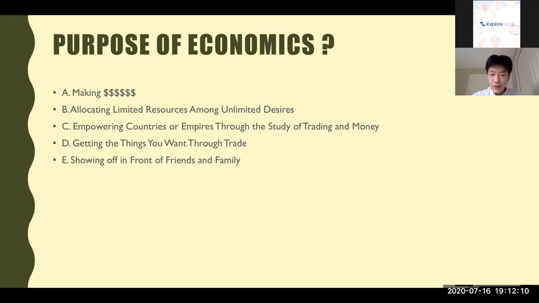Trade is one part of it, and yeah, it is a very major part of the study, but then there's a lot more than trade in economics. And the actually correct or the most precise answer is B, allocating limited resources among unlimited desires. So congratulations to the 6 of you who got it right.